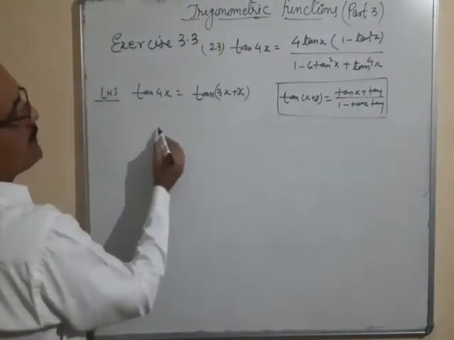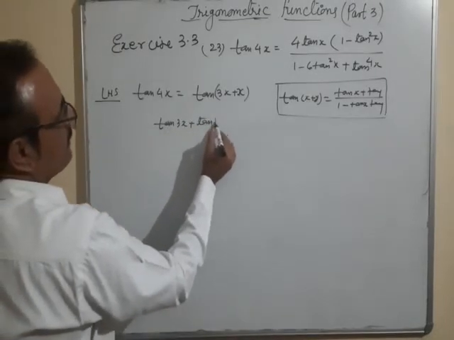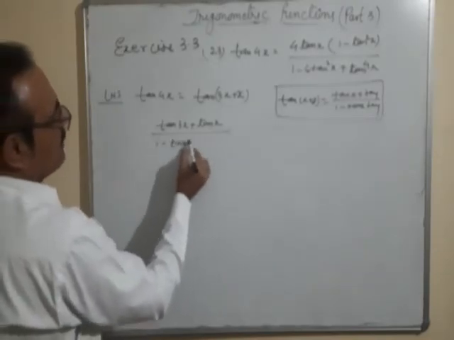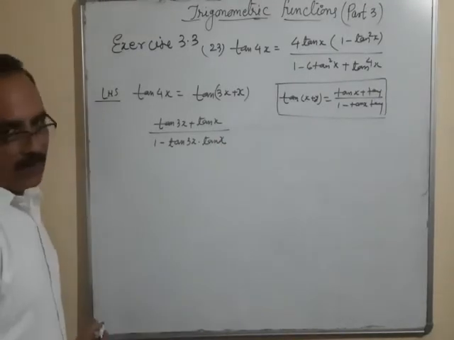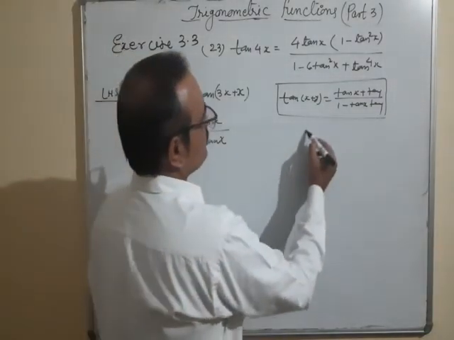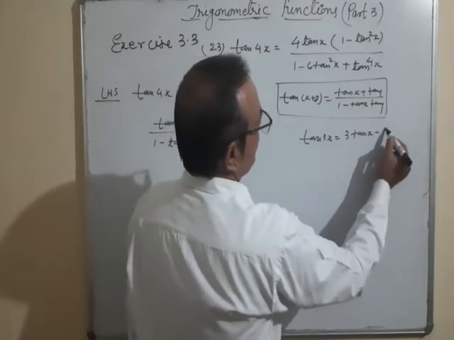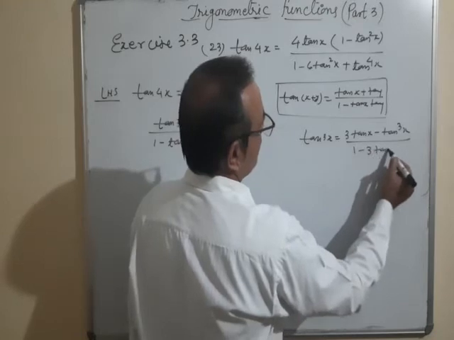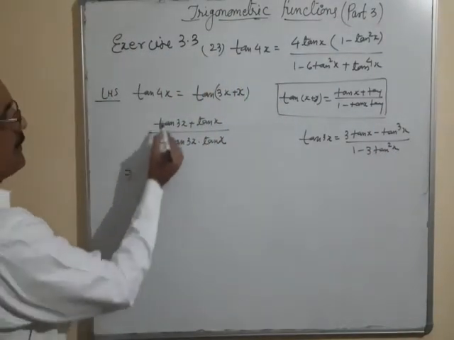So tan 4x is equal to (tan 3x plus tan x) upon (1 minus tan 3x into tan x). Now here one more problem: tan 3x. We have a formula of tan 3x also: (3 tan x minus tan cube x) upon (1 minus 3 tan square x).